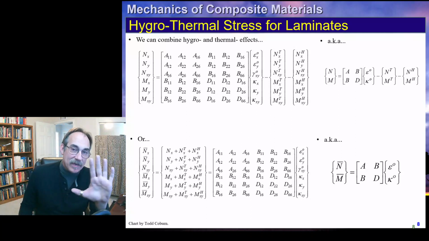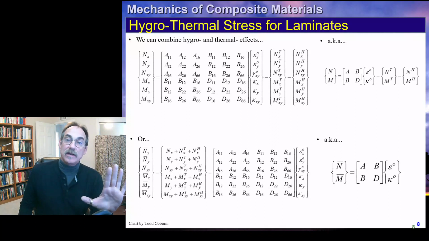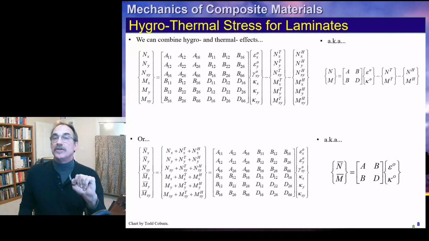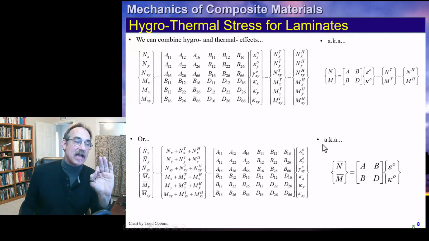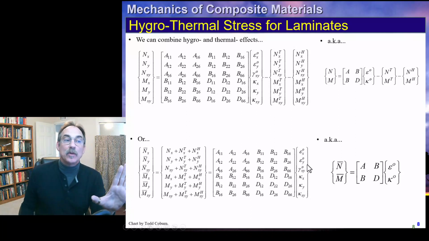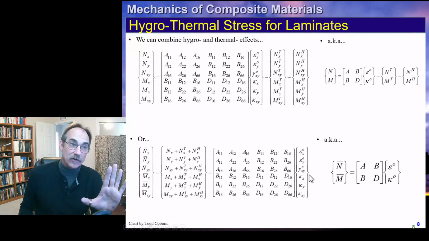And that means we're going to take the total running load and moment plus the part due to the thermal plus the part that represents the hygroscopic, and that is equal to the ABBD matrix times our midplane strains and curvatures, which we can write in condensed notation like this.